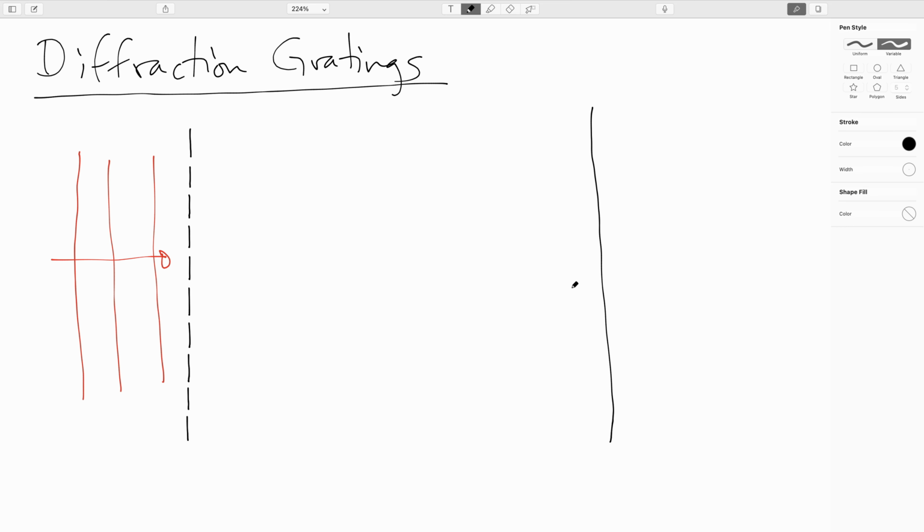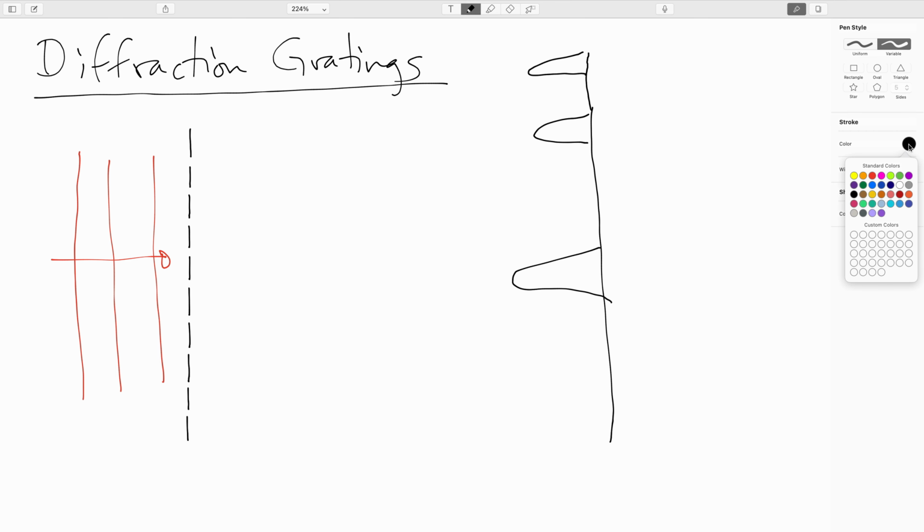You'll have a central maximum here, but now the first maximum, or the first order spectrum, will be way off to the side typically, and then the second, and so forth. The reason for the much larger distances than you would have for Young's experiment is that in practice the spacing here is quite small compared to a typical double slit experiment, and this is going to lead to us not being able to use small angle approximations.